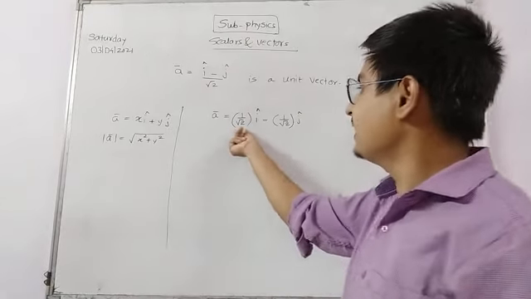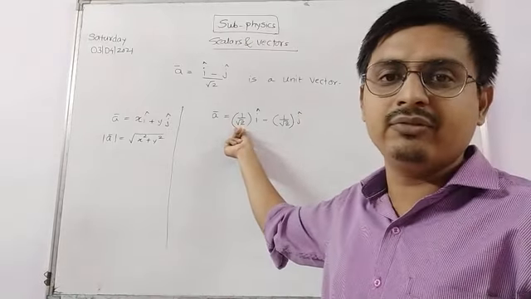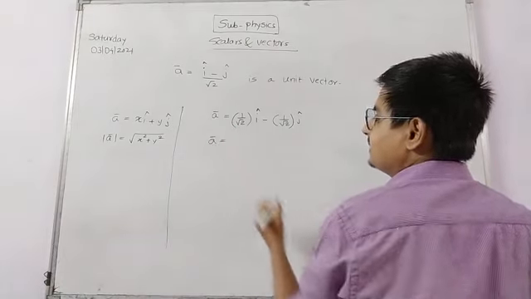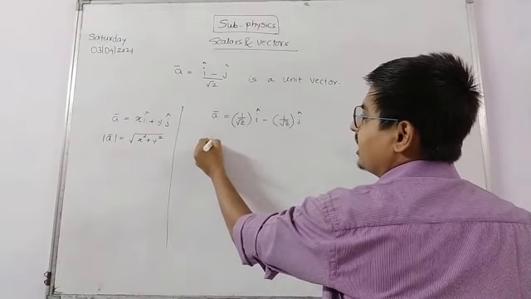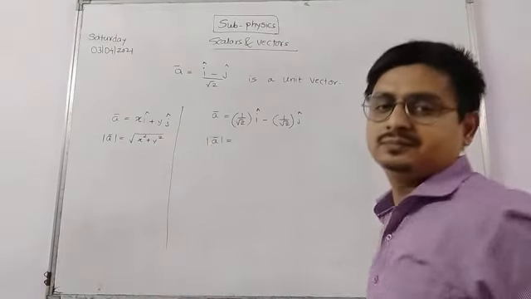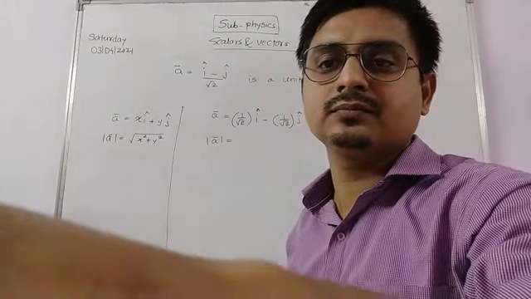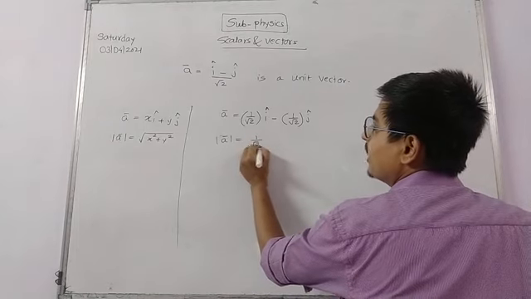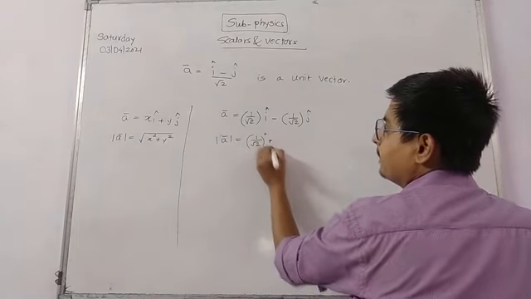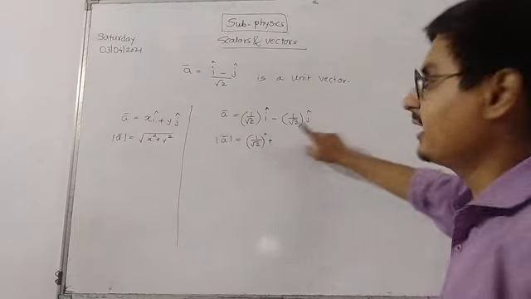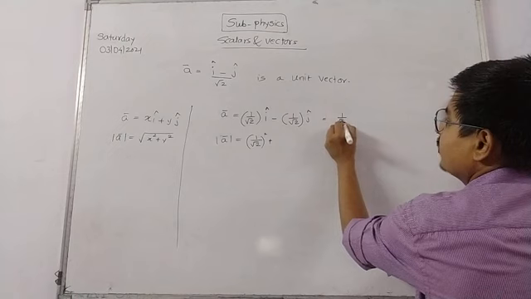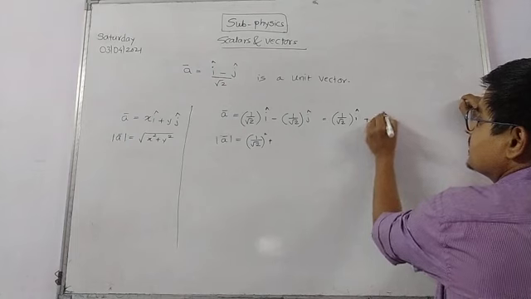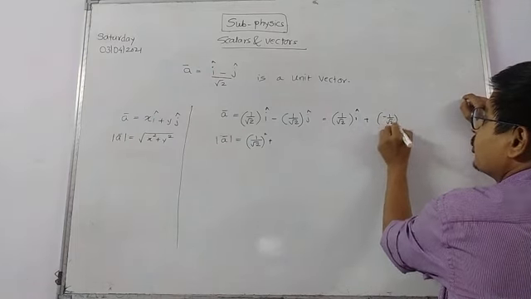So this is the coefficient of our vector. Now A bar is this, so if I want to take the mod of A bar, mod of A bar is equal to the square root of (1 upon square root of 2) square plus, if you observe this minus sign, it is actually like 1 upon square root of 2 into i cap plus minus 1 upon square root of 2 into j.